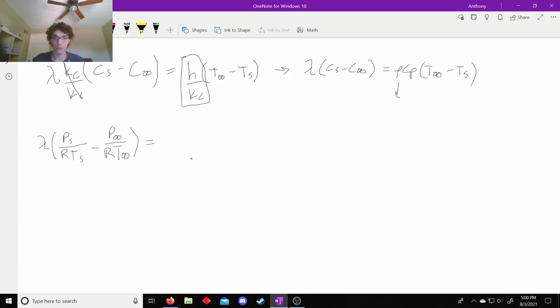Now, we know from the ideal gas law that the density is equal to the total pressure divided by our gas constant again, and then we would take the average temperature.